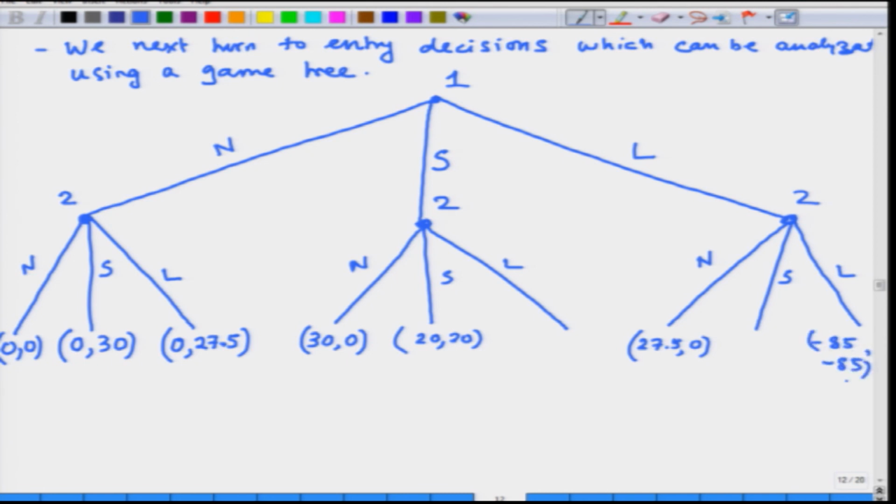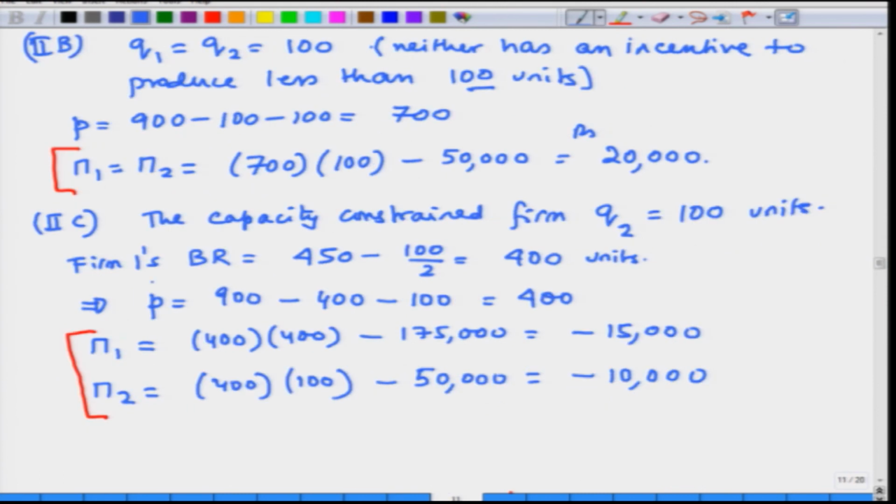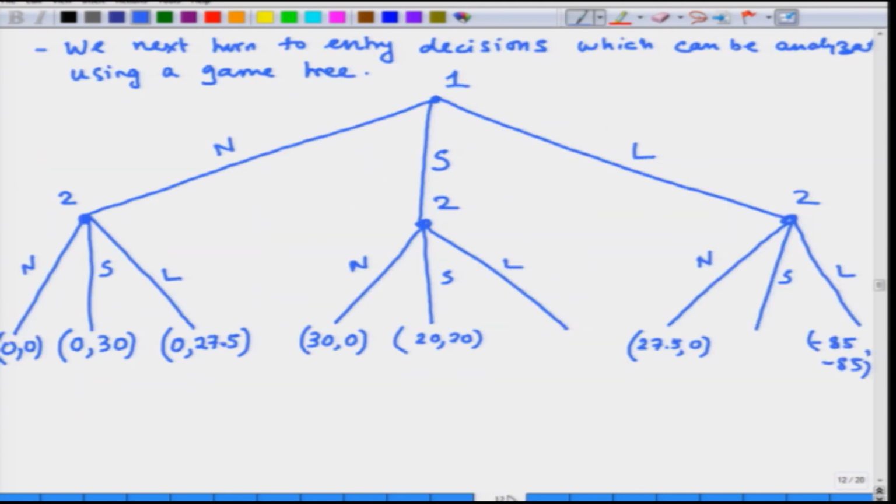So, the last branches that we need to put are where firm 1 is capacity constrained, but firm 2 is not, and vice versa. So, in the case where, let us say, firm 2 is capacity constrained, but firm 1 is not, then firm 1's profit is minus 15,000, whereas firm 2's profit is minus 10,000.